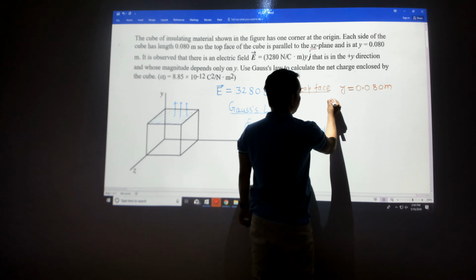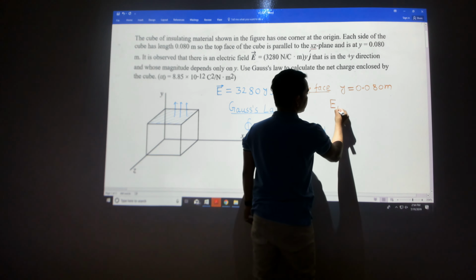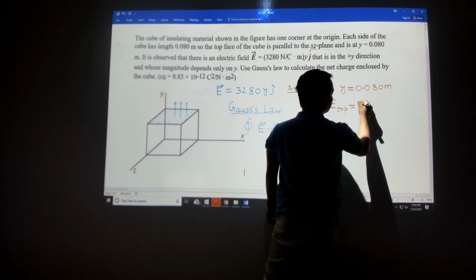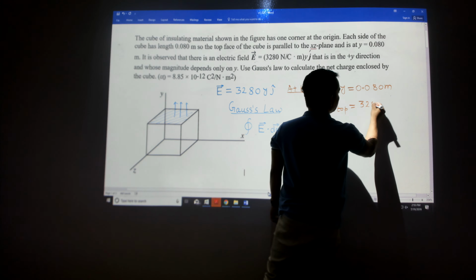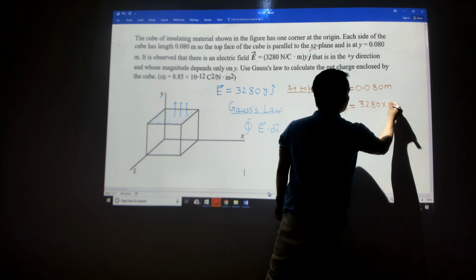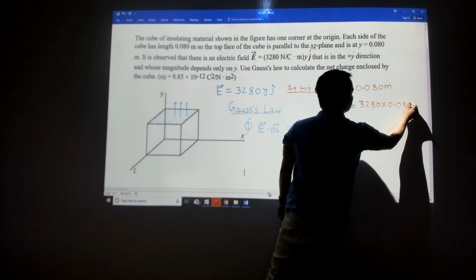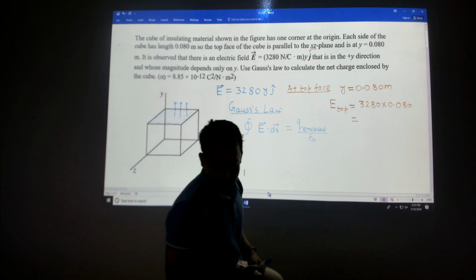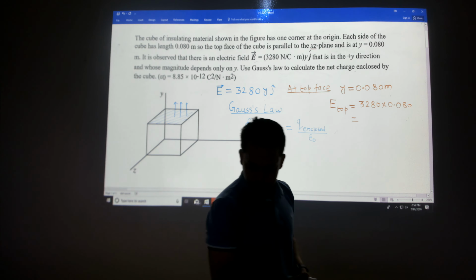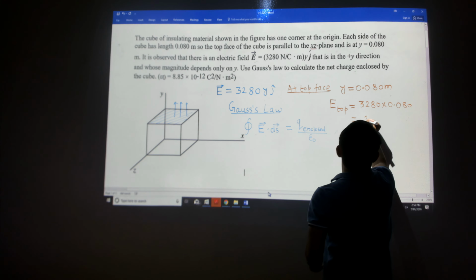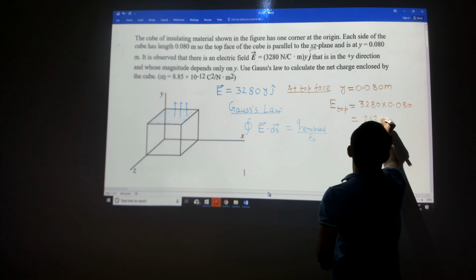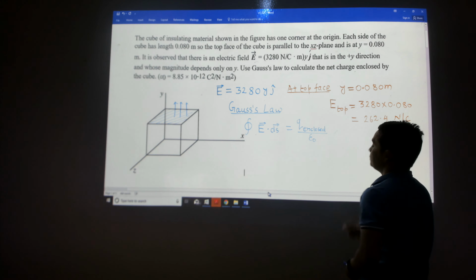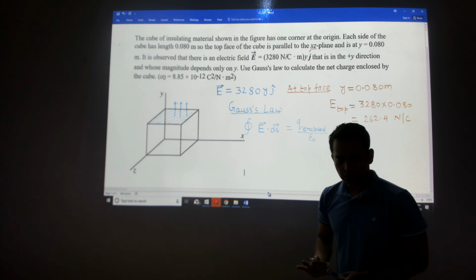So the electric field value at the top is given by 3280 times 0.080. We just have to calculate this number here. The number you will get is 262.4 Newton per coulomb. That's the number you get.